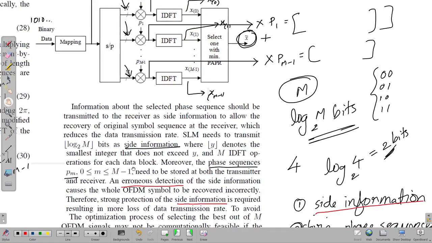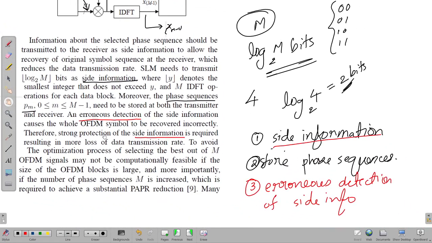And if there is a wrong sequence, then the inverse of that sequence is going to be wrong, which makes the whole OFDM symbol go wrong. Therefore, this side information needs to be transmitted at a higher SNR. Only then can you be sure that the phase sequence you decoded is correct.